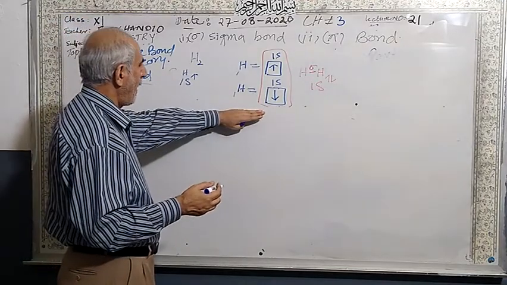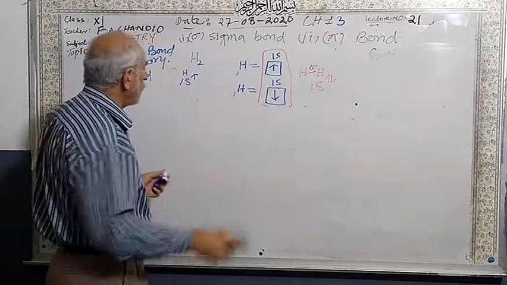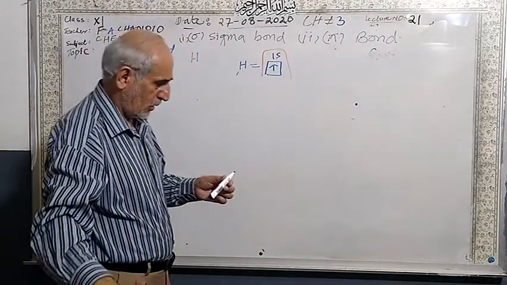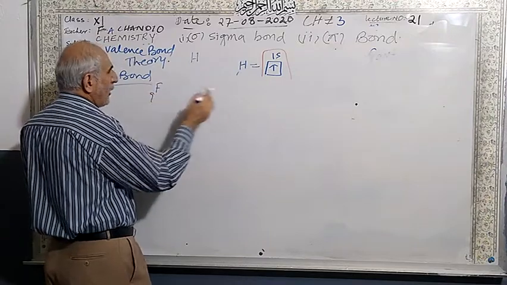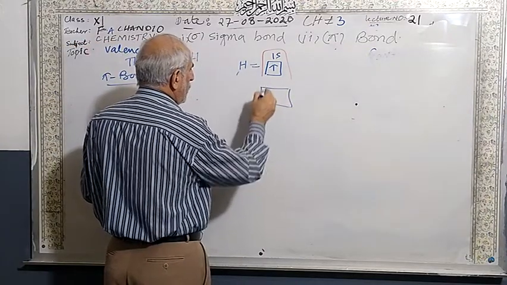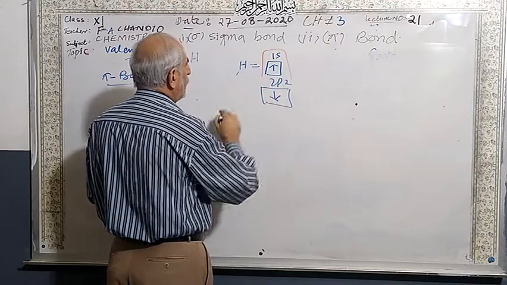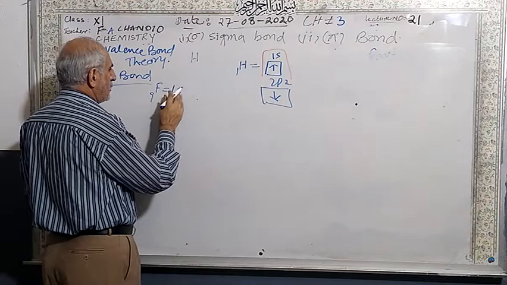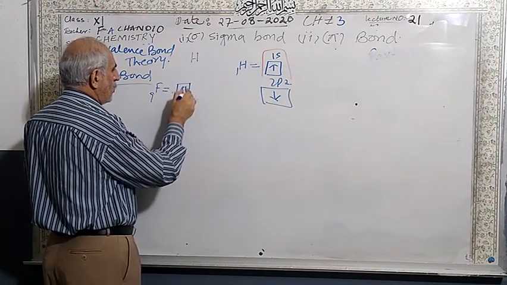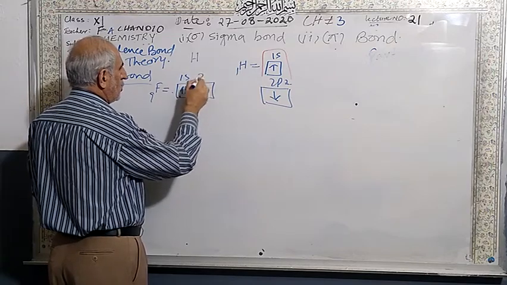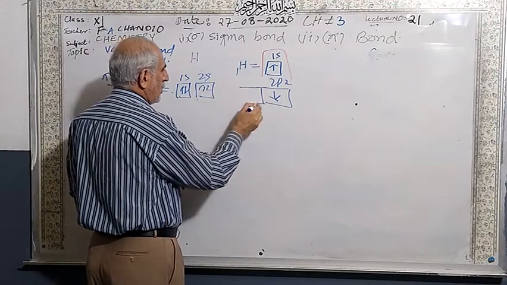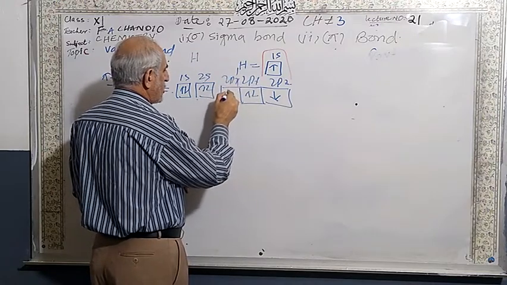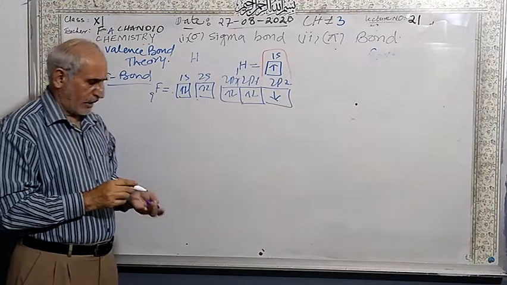This is the hydrogen, and now for the fluorine atom, atomic number 9, there is a 2pz for the fluorine: 1s2, 2s2, 2p2 and 2px2, so 2, 2, 4, 6, 8 and 9.